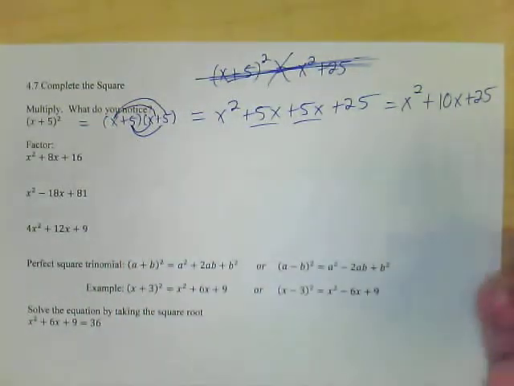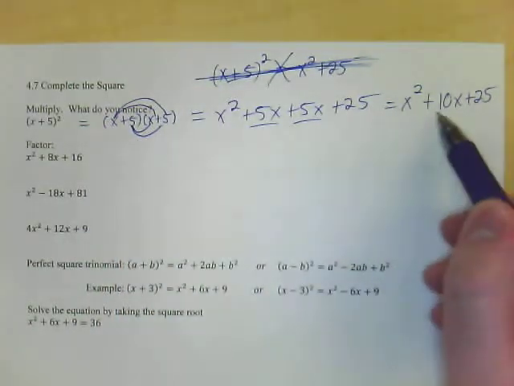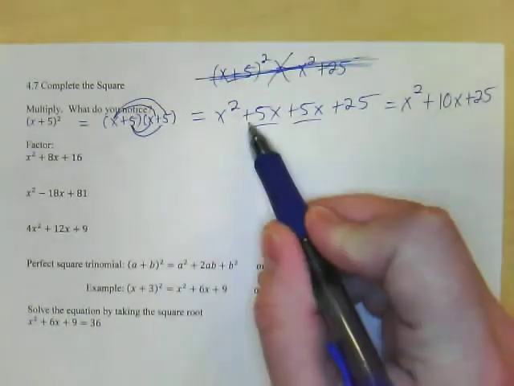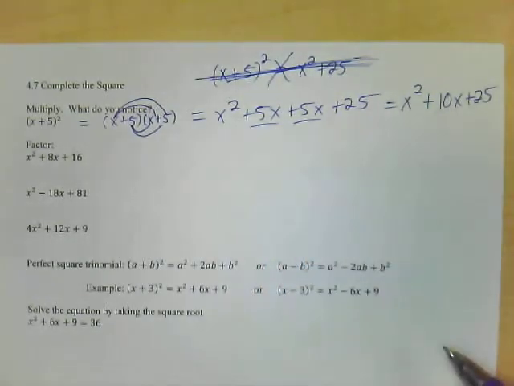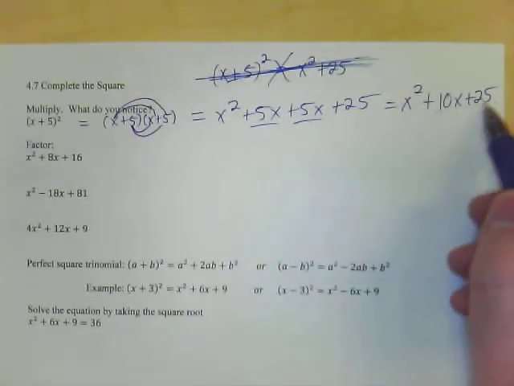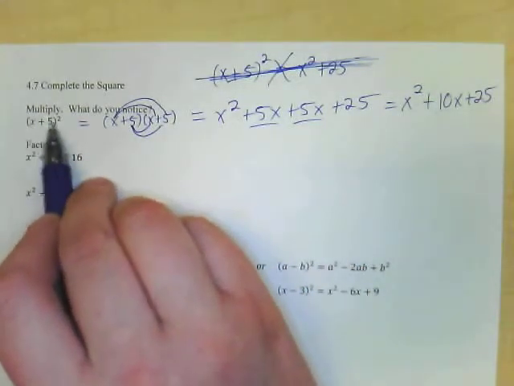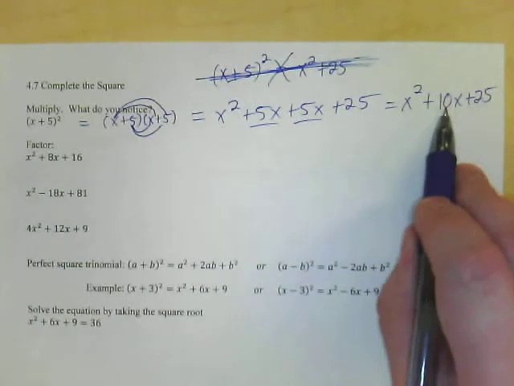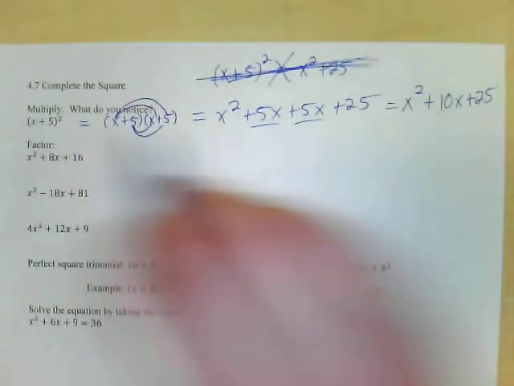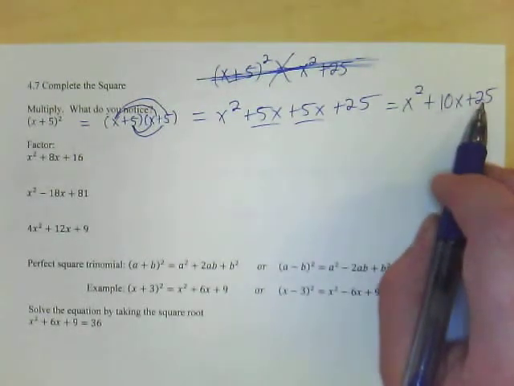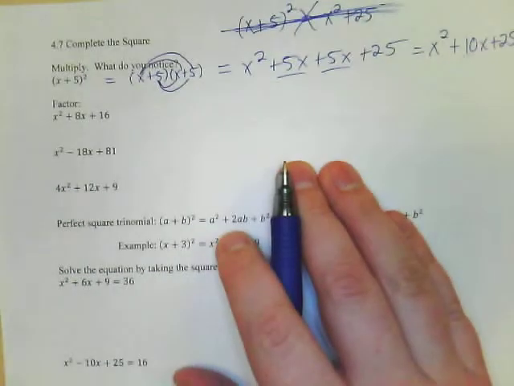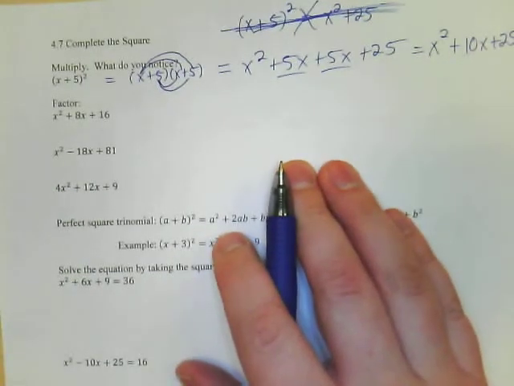And so what we can see here is that when we multiply this out, then the middle number is just 2 times that number, because we've got 2 of them. And then the last number is that number squared. So if we have x plus 5 squared, the middle number is twice 5, and the last number is 5 squared. And so if we're going to start factoring these, we can use that fact.